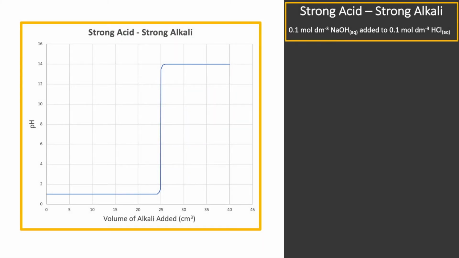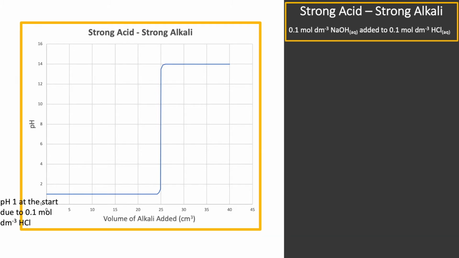So this is what we would see if we add a strong alkali to a strong acid, and this would be an example of perhaps 0.1 mole per decimetre cubed sodium hydroxide being added to 0.1 mole per decimetre cubed HCl, and the volume of HCl in a conical flask would be 25 centimetres cubed, because we see neutralization occurring once we've added 25 centimetres cubed of sodium hydroxide.